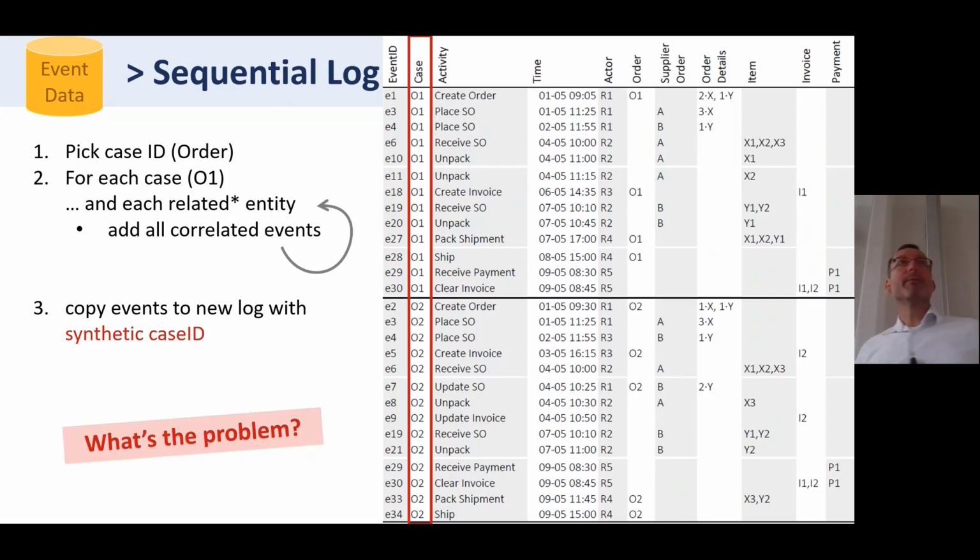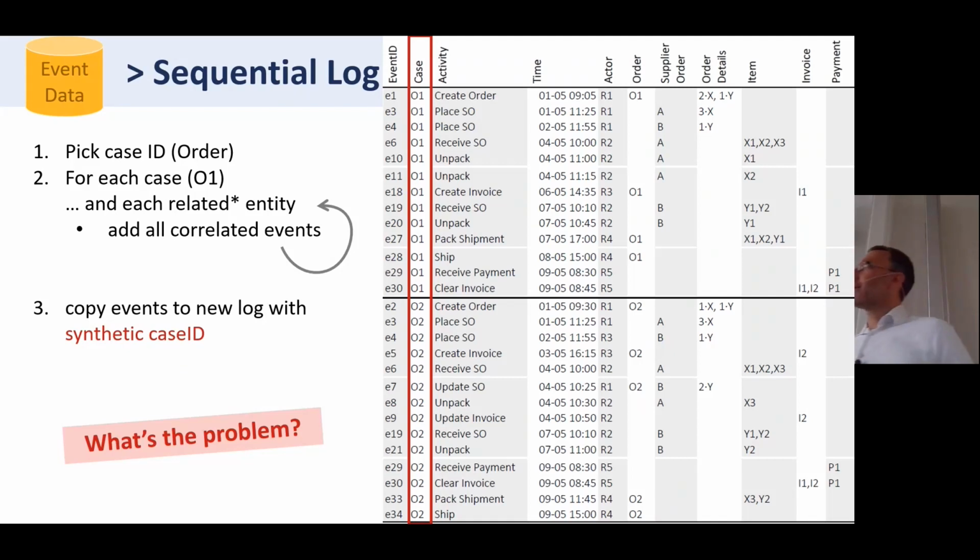Who sees the problem with this log? With duplicated events. So we have, for example, E3 occurs twice, once for O1 and once for O2. I mean, I had to because it's kind of related, right? It's part of the dynamics.